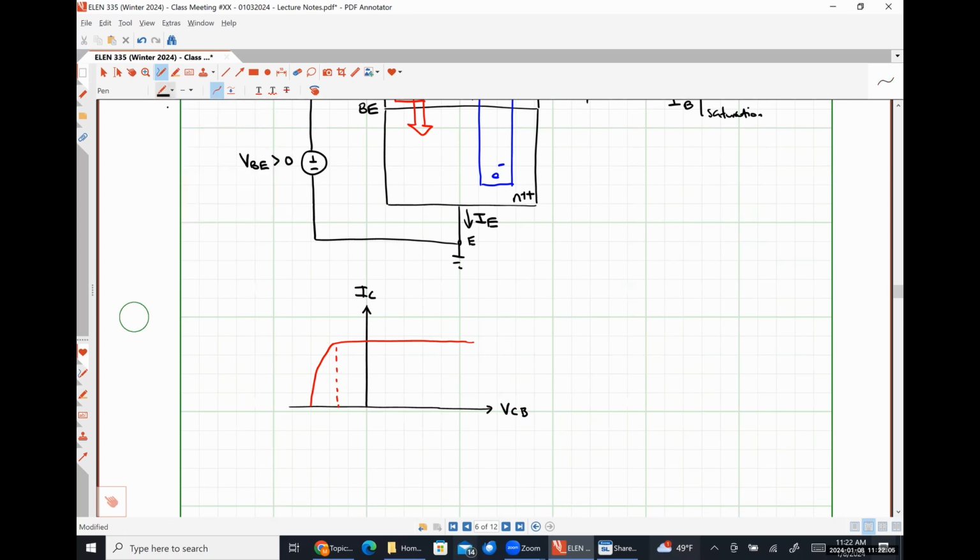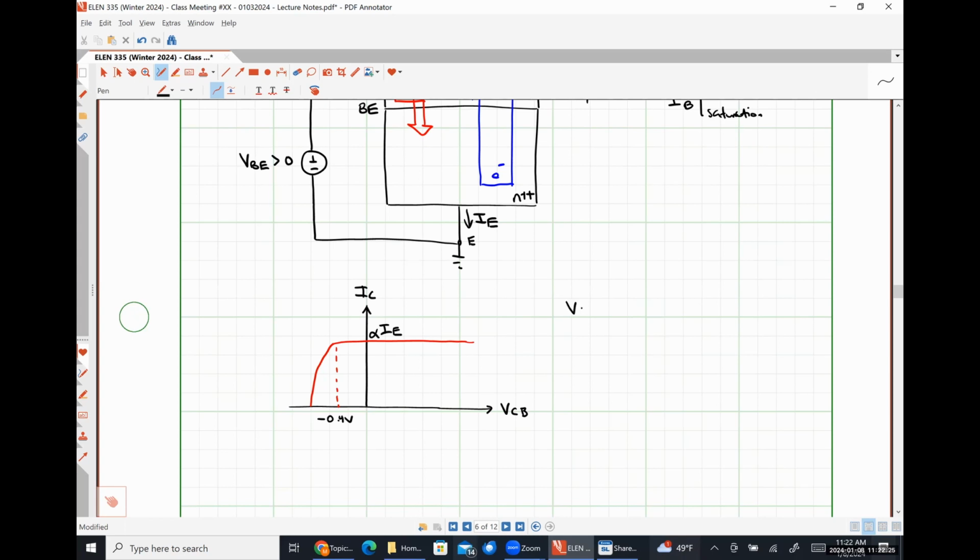I'm going to call the value here about negative 0.4 volts. This current is going to be alpha times IE. And now we're going to define effectively our ranges.